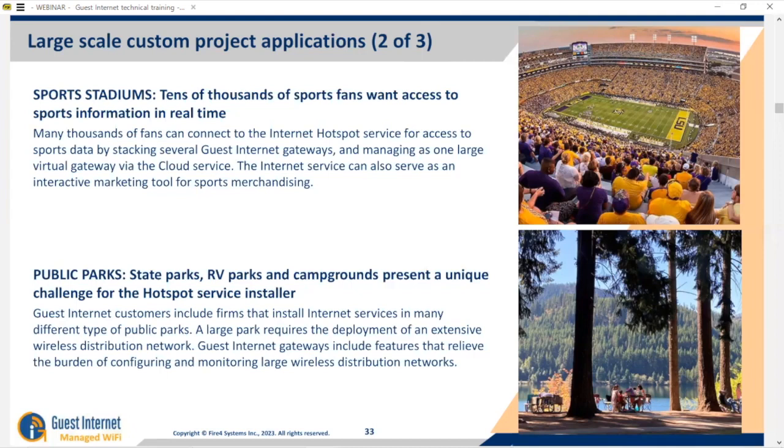Parks, state parks, RV parks, campgrounds are very large areas that require a well-engineered type of wireless network to cover that area. And so guest internet can help with these. And it's often the case that parks, campgrounds are in remote locations and don't have internet access. And so guest internet products are configured with the satellite providers like HughesNet or Starlink in order to provide guests with internet access.